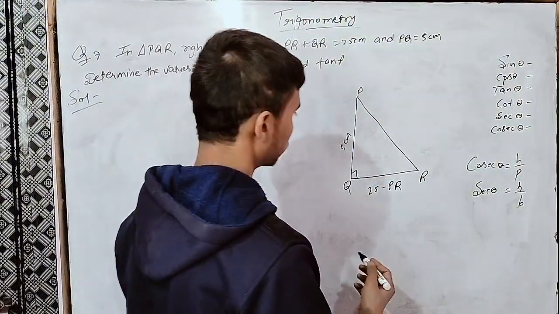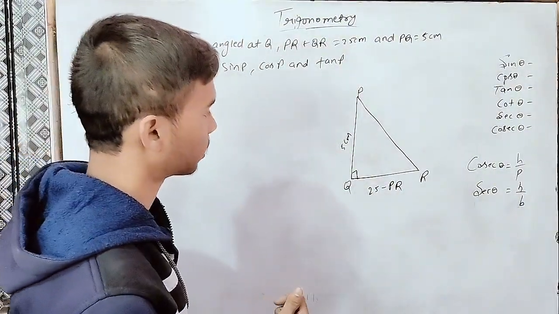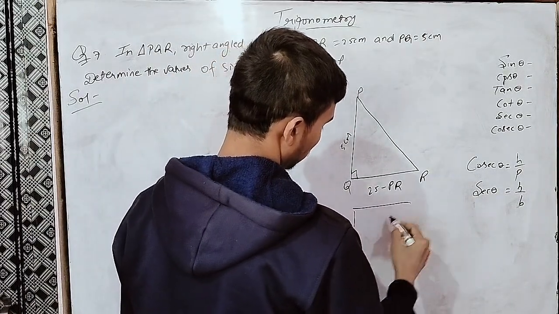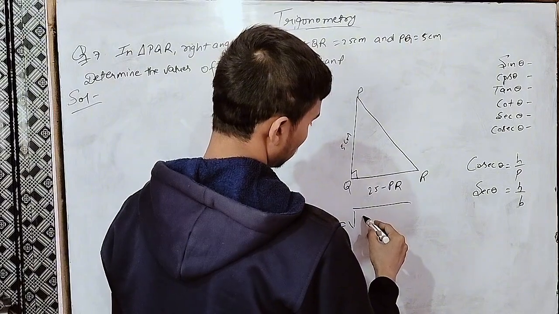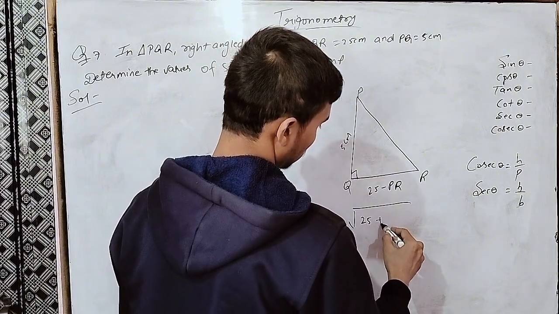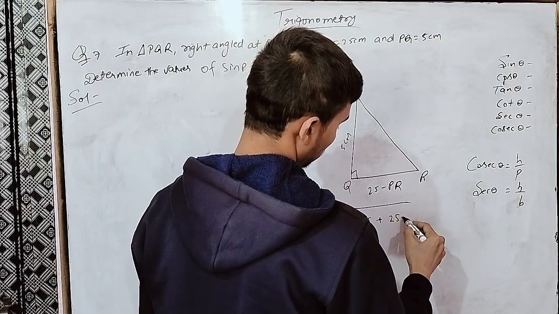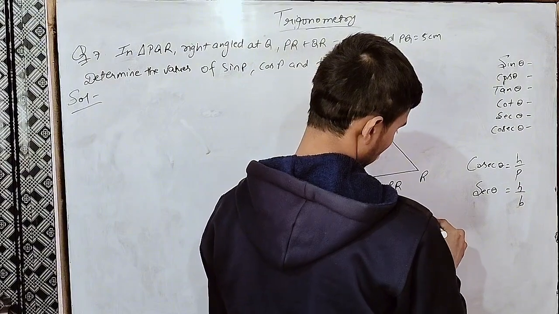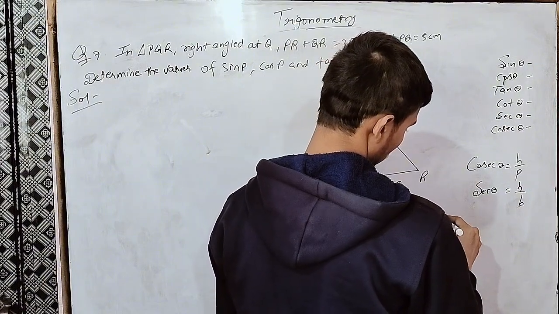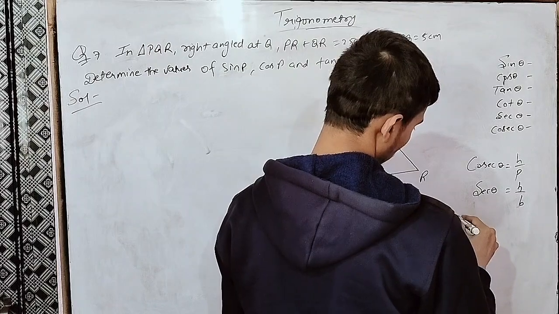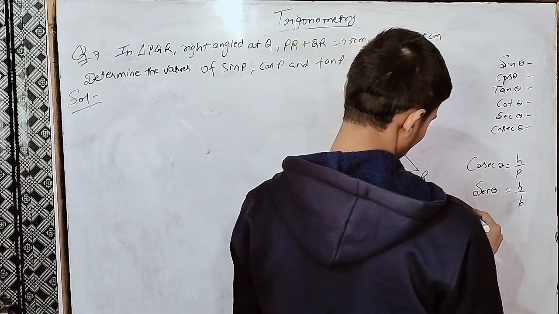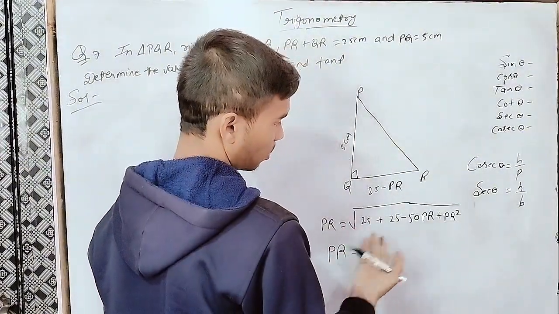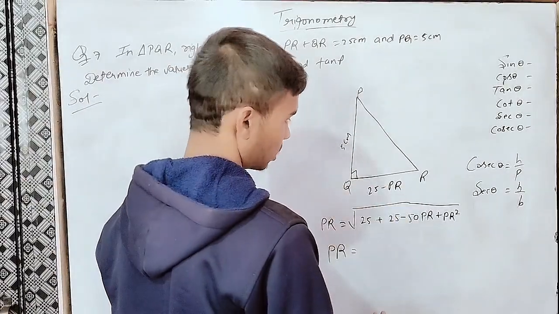Let's just find the value of PR. We just put the values of PQ and QR.